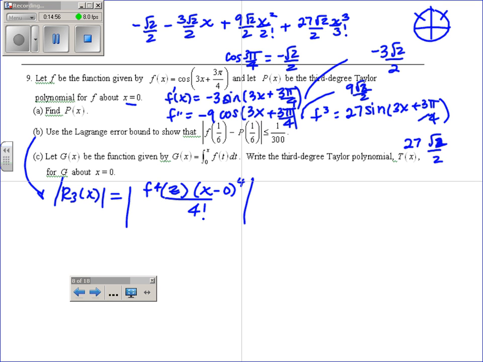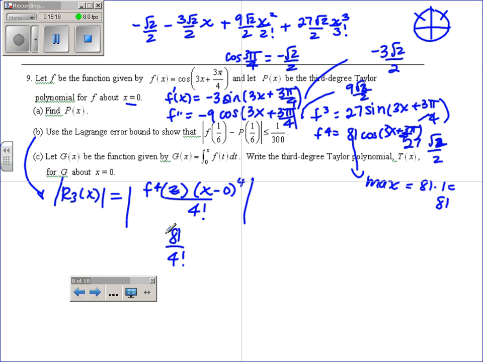So I need to take the fourth derivative. The fourth derivative would be 81 cosine 3x plus 3 pi over 4. And so the max of this would be 81 times 1, because the max of cosine is 1. And so we have 81 over 4 factorial.